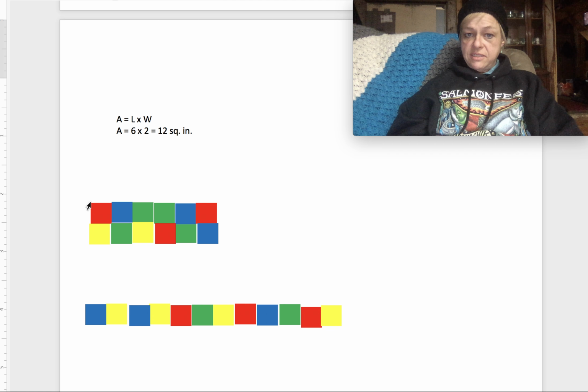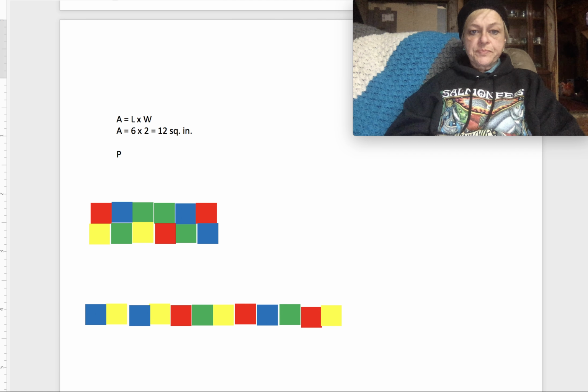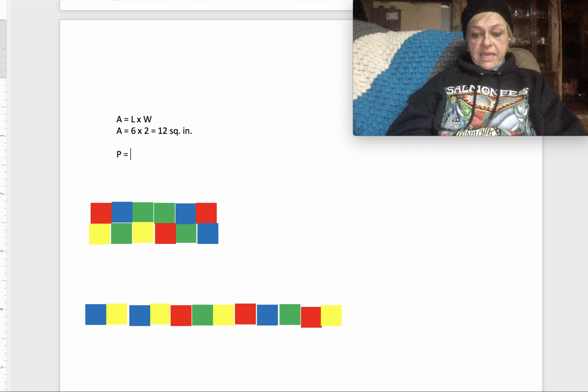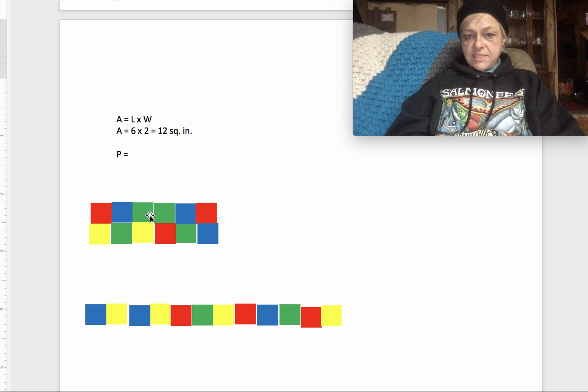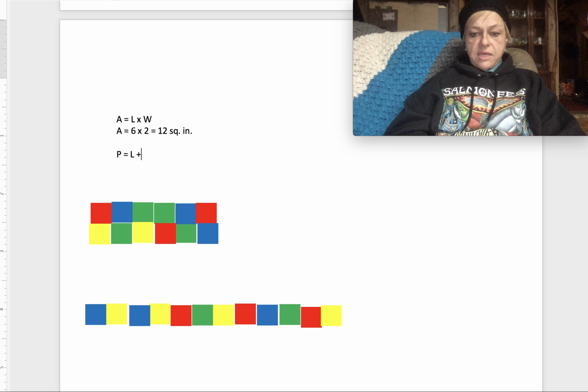Okay, next, to find the perimeter of a shape, we need to measure the distance all the way around it. So the perimeter of a shape is both of the lengths. So we have a length on this side and a length on this side. So L plus L plus, oh, now we have to do both of the widths.